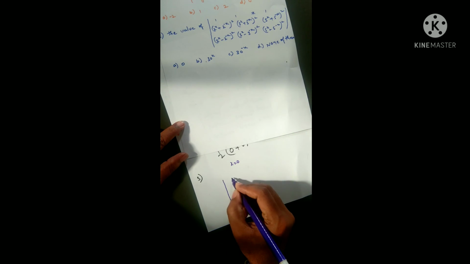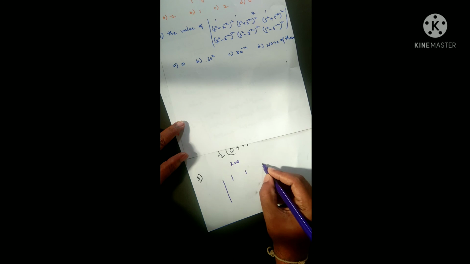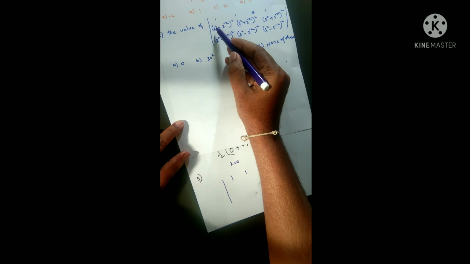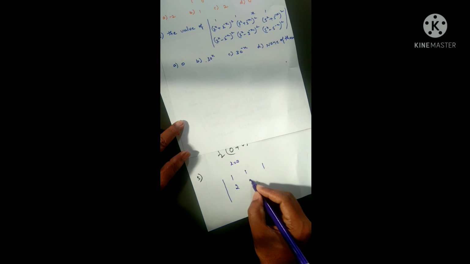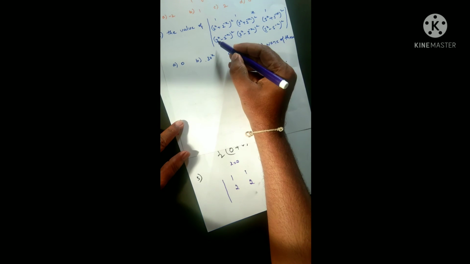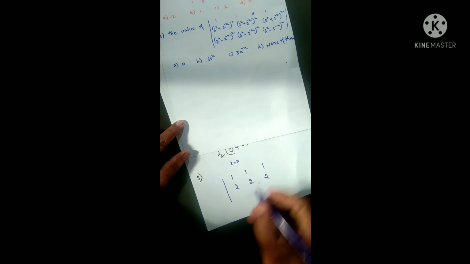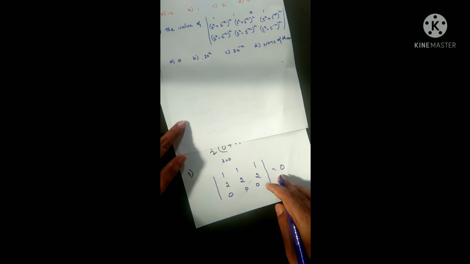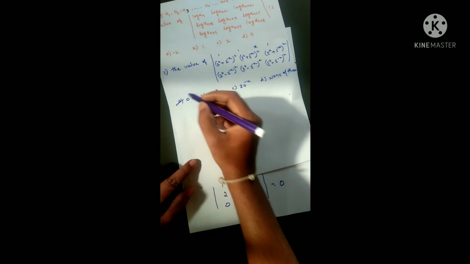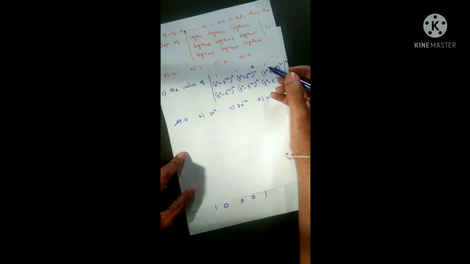The determinant is 1 1 1, 2 to the power of 0 is 1, 1 plus 1 is 2, same 2 2, 2 to the power of 0, 1 minus 1 is 0 0 0. If each element of a row is 0, then the value of that determinant is 0. Hence the option with value 0 is the answer.